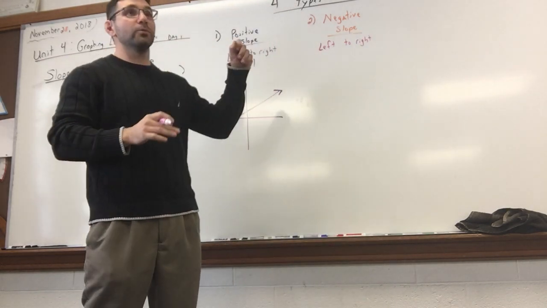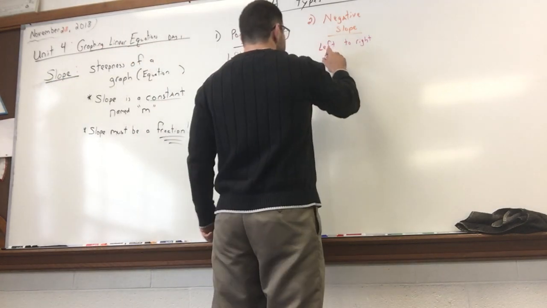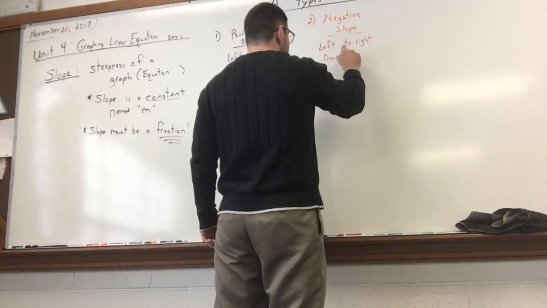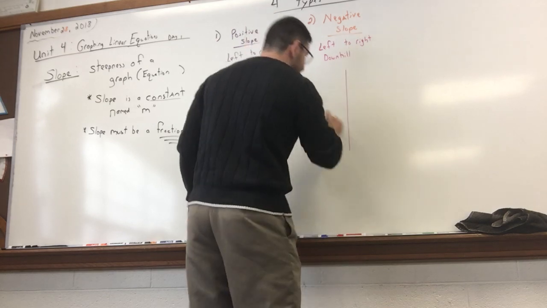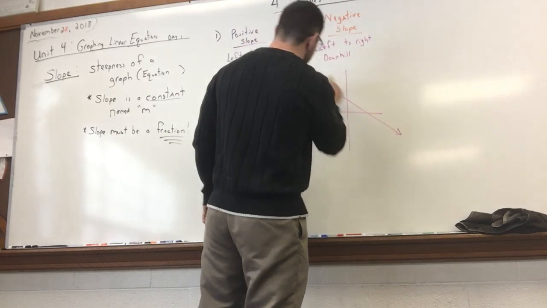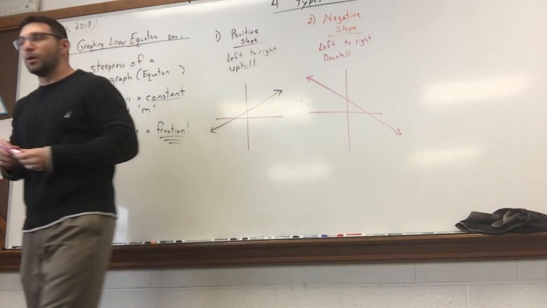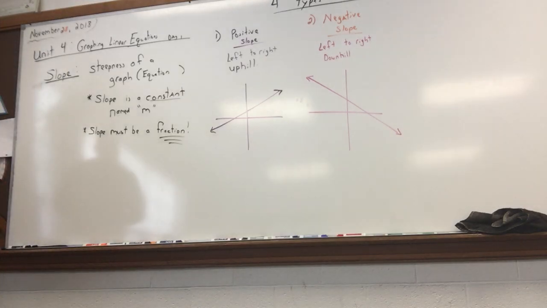We read from left to right. We read from top down, right? So we're going to read left to right, downhill. So now if I've got this graph, if I start at the left side and I start walking along my equation, it goes downhill. I know that that slope is immediately negative.